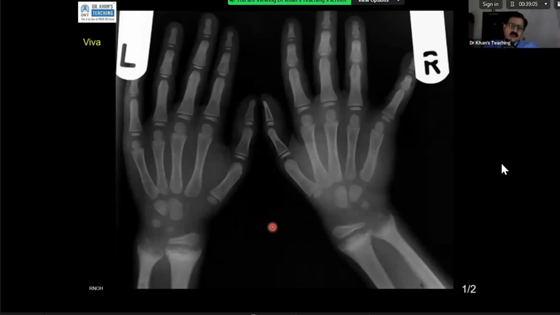Can this be scurvy? No, I don't think so, because I don't see any such change in the epiphysis on both the sides. There's no evidence of Wimberger sign, although I can see a dense band, which is Frankel zone, which is seen in scurvy patients.